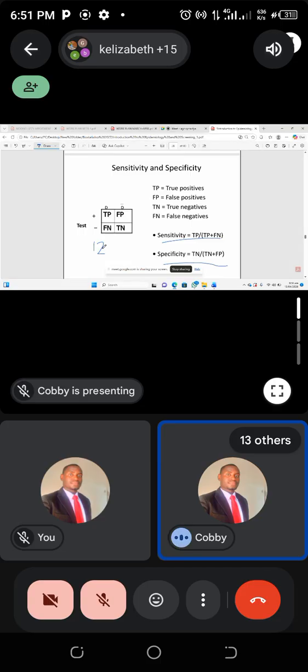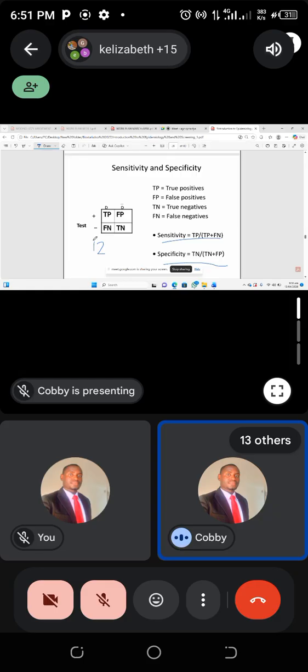We have to calculate the specificity of this test. We are going to count the number of people that test negative and the number that test positive when they don't have the disease. The people who test negative when they don't have the disease are called true negatives. So we first identify the true negatives out of these 12.